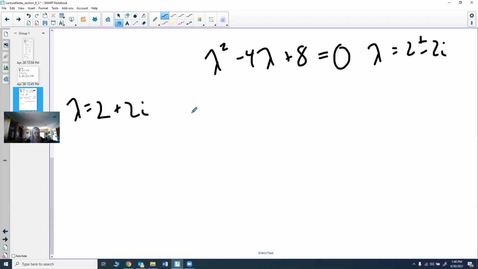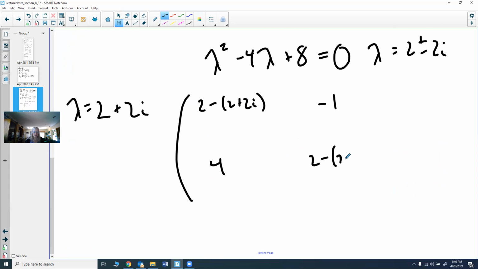And then when we do that, we have 2 minus (2 plus 2i), negative 1, 4, and then 2 minus (2 plus 2i). So again, you're basically subtracting that eigenvalue off your diagonal, times your k, is equal to 0.